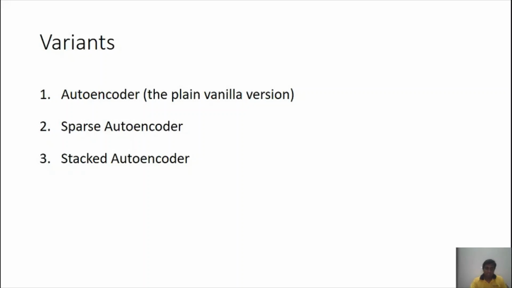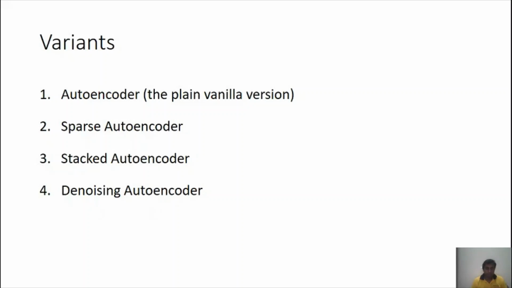The third category is a stacked autoencoder, in which case you have multiple encoders stacked one on top of the other, and then you have multiple decoders also stacked one on top of the other, and then you have the final output. So these stacked autoencoders are capable of learning a lot more complicated patterns than what a typical plain vanilla type autoencoder can learn.